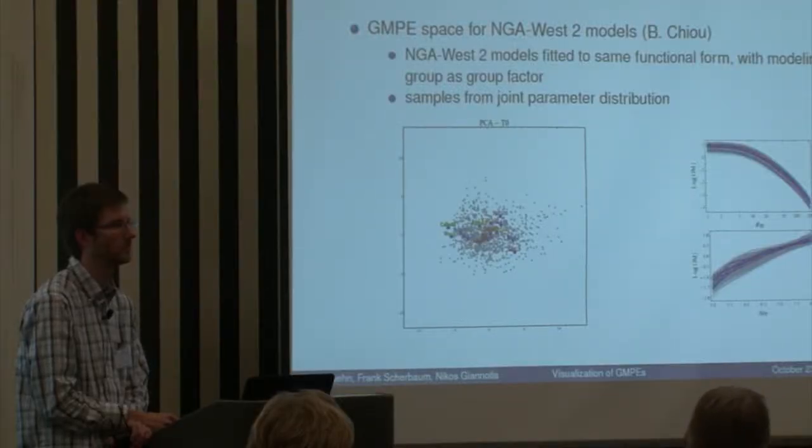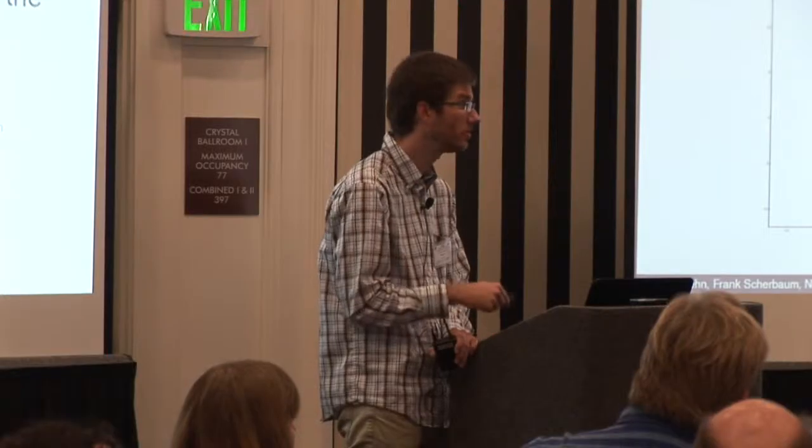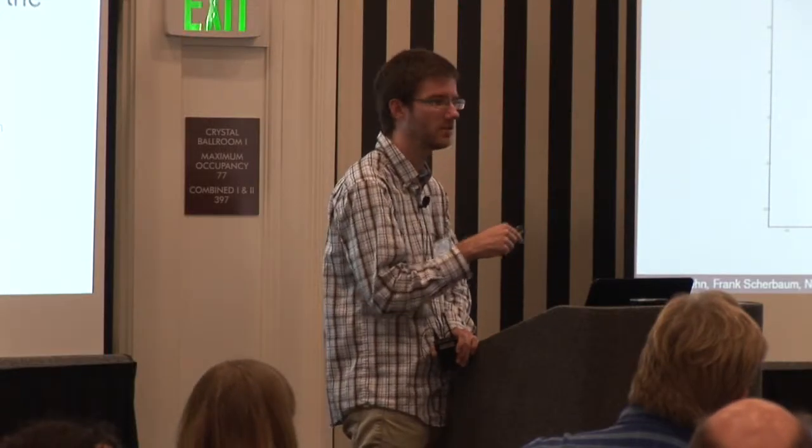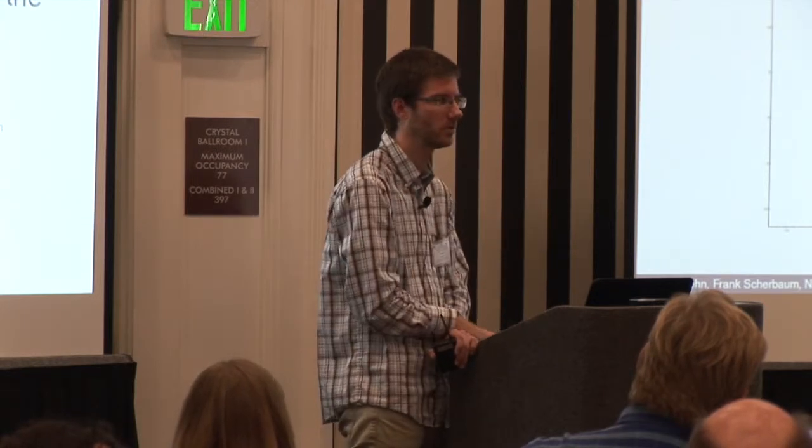So if you want an estimate of the epistemic uncertainty due to model variability, the plots on the right give you that, based on the available 5 NGA models. You could also repeat this exercise using all 8 models or more models, and you would have more information in there.